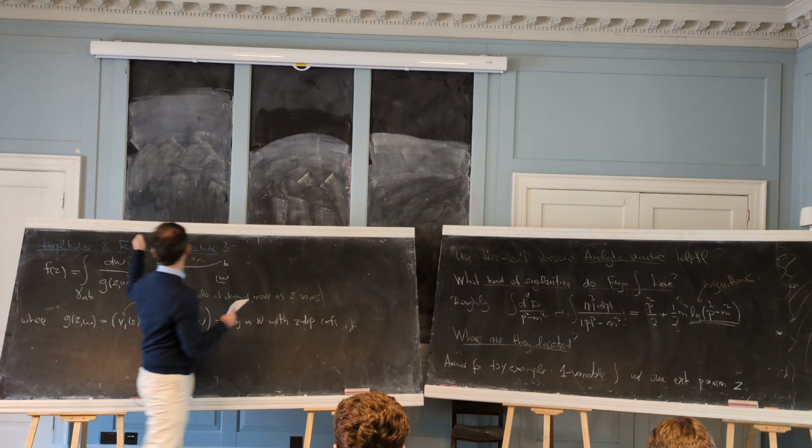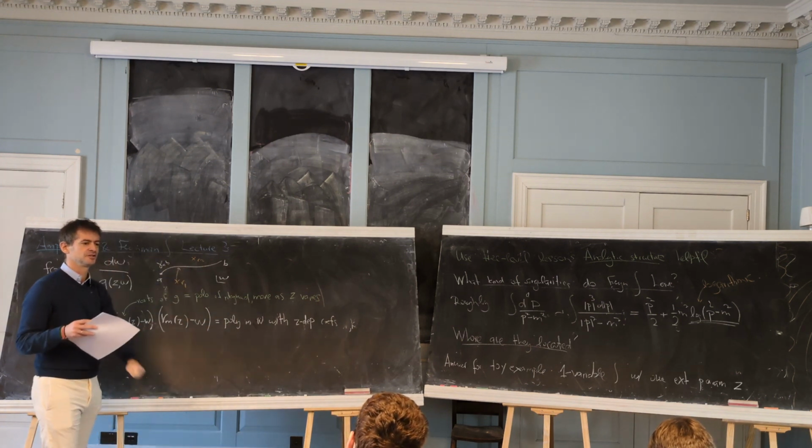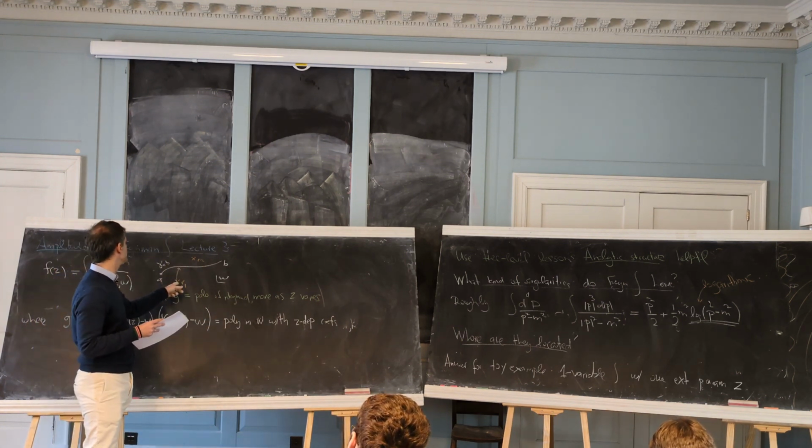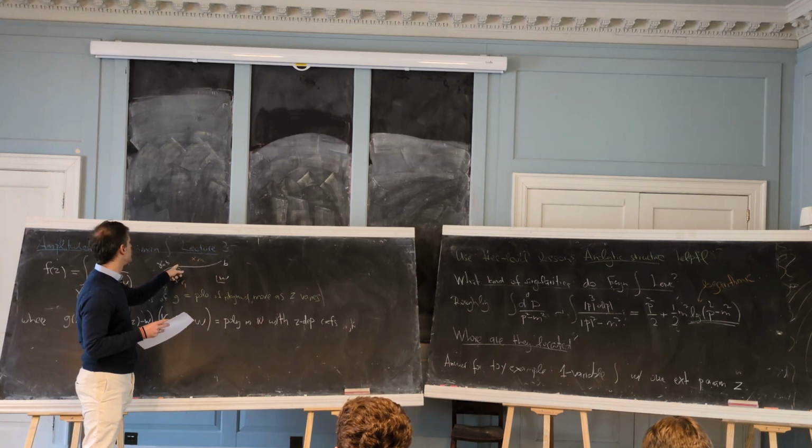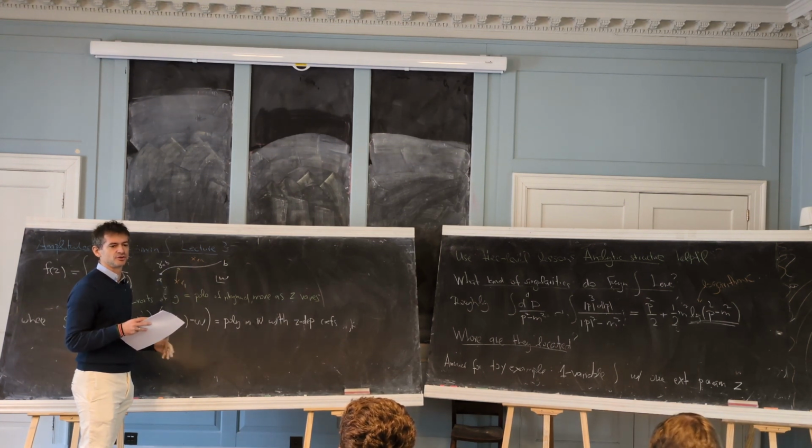Because they move, I dial z around, and it might be that one of the roots of this polynomial goes onto the integration contour. What happens then?